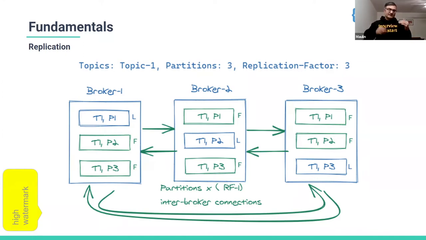And because it is a distributed system, you can't really guarantee that a message which comes to T1 P1 on broker 1 is instantaneously available on broker 2 and broker 3 in the copies. You can't really guarantee that, which means there is an inherent gap between the master copy, or leader copy, and the follower.